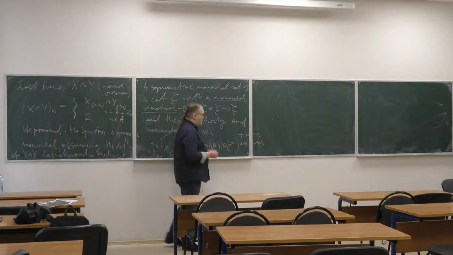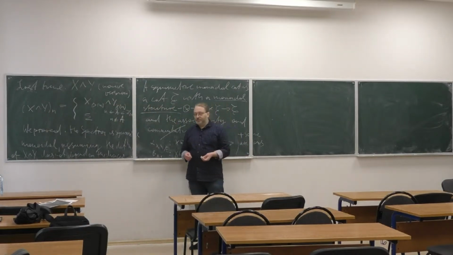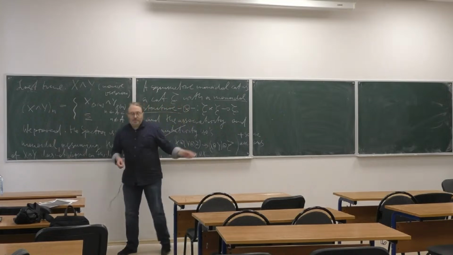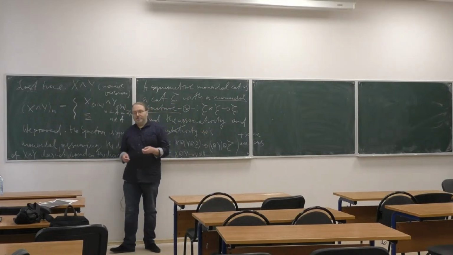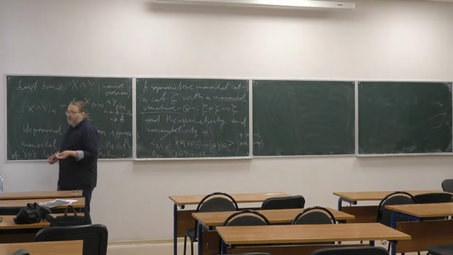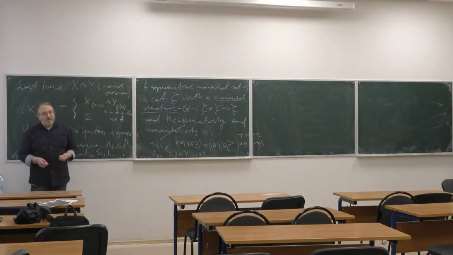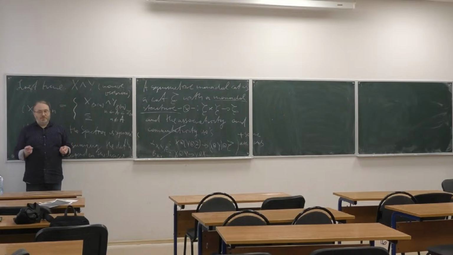the associativity isomorphisms need to satisfy the pentagon axiom, and the vertices of the pentagon correspond to what? Different ways of bracketing a sequence?